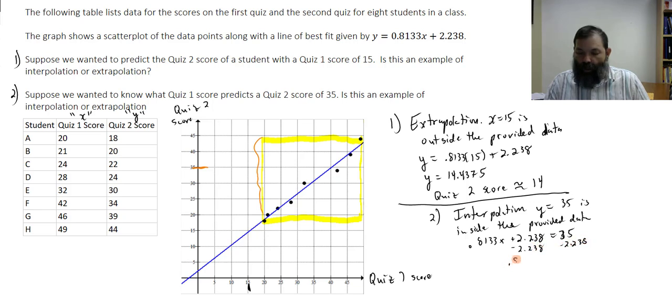Then 0.8133x would equal 35 minus 2.238, which is 32.762. And divide by the 0.8133. And that's about a 40. X is approximately 40.